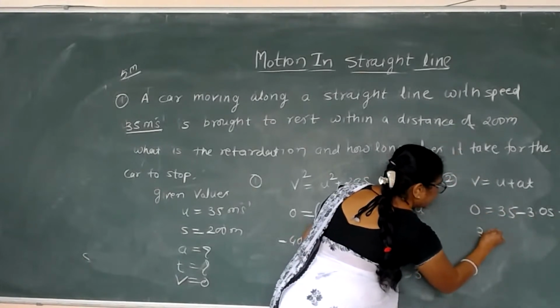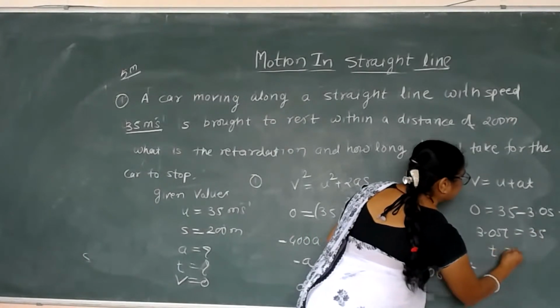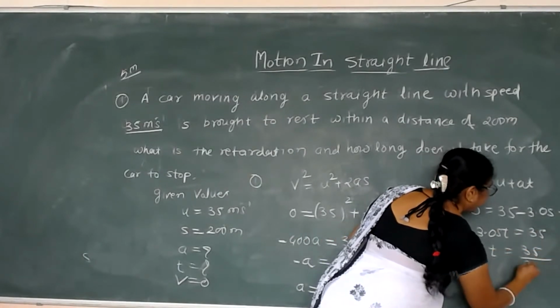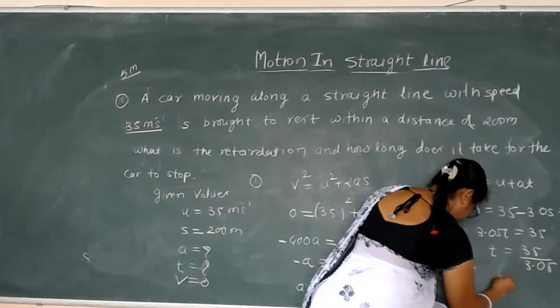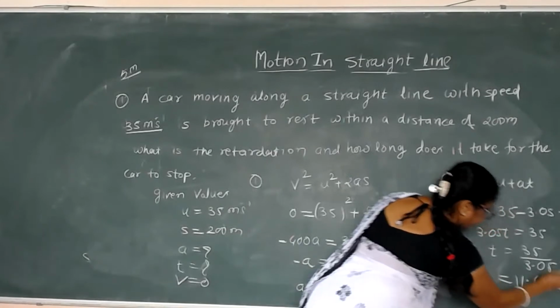Therefore 3.05 t is equal to 35. Therefore, t is equal to 35 divided by 3.05. Therefore, the answer is 11.4 seconds.